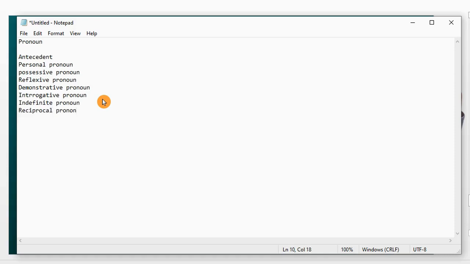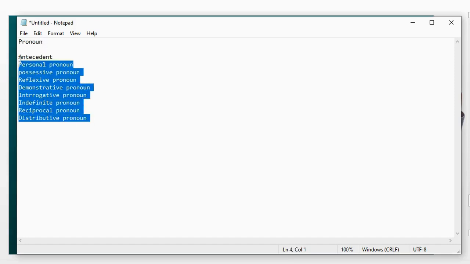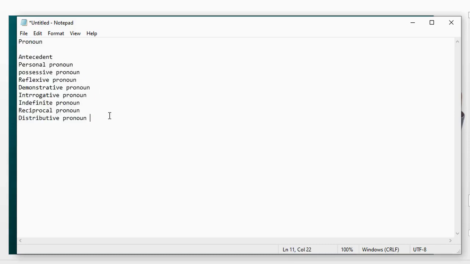This will help you to discuss English in depth. Distributive pronoun, because sometimes we don't know why we are going to use these words. So today we covered these kinds of pronouns and dived deep into the pronoun.